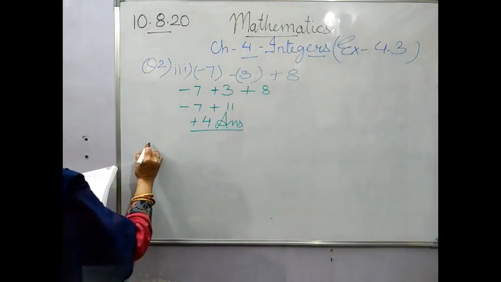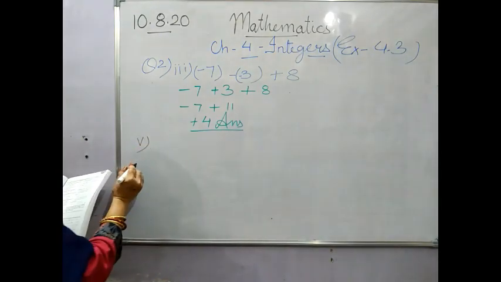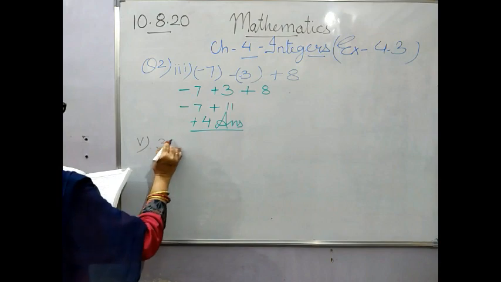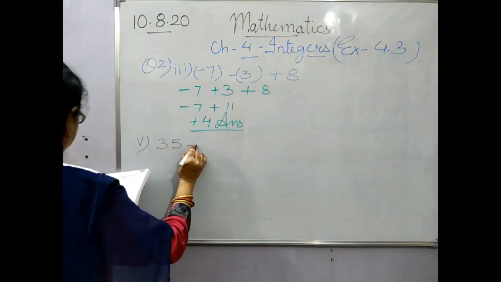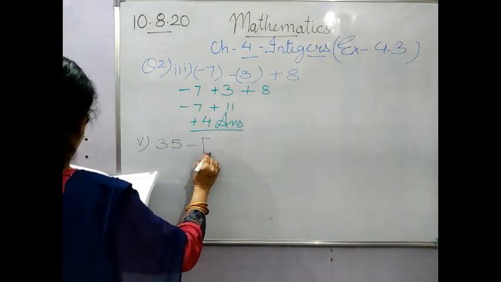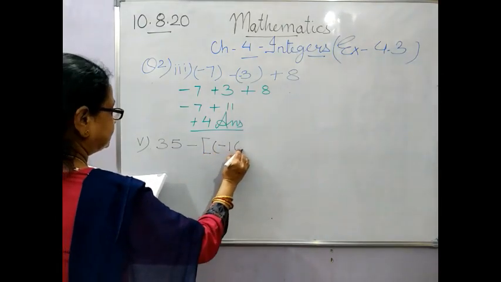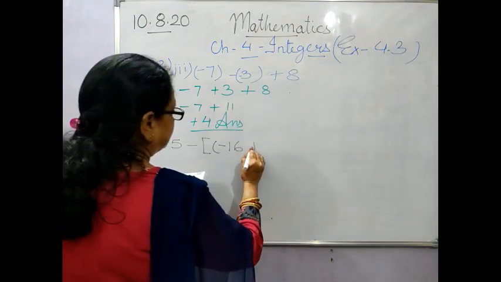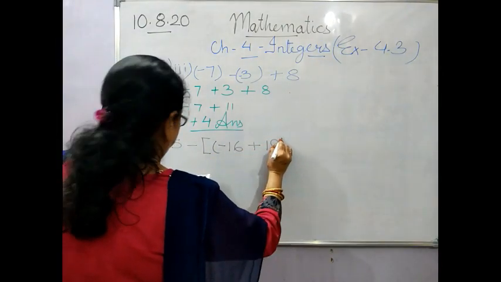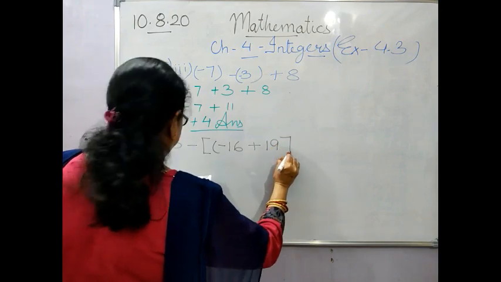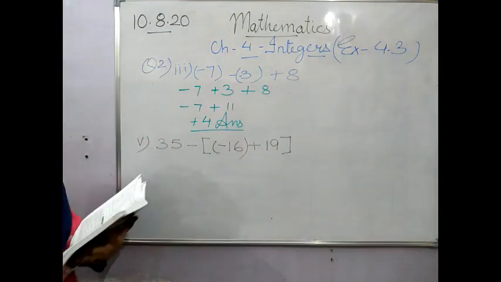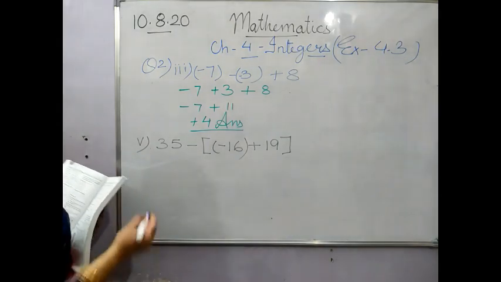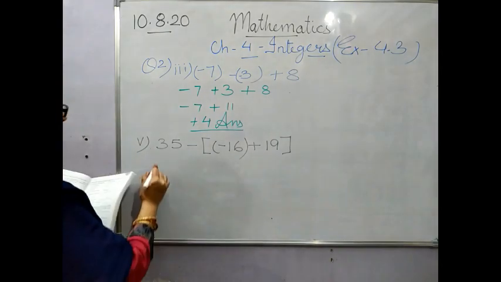Now I'll show the other sum. I'll take the fifth one. 35 minus bracket 16 plus 19. Again the first step is to solve the brackets.